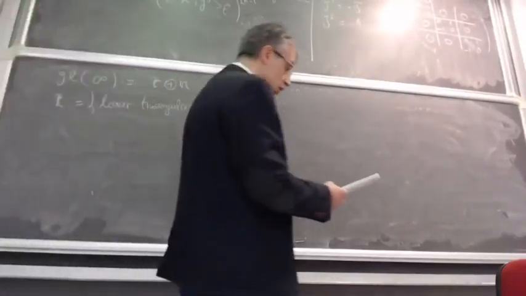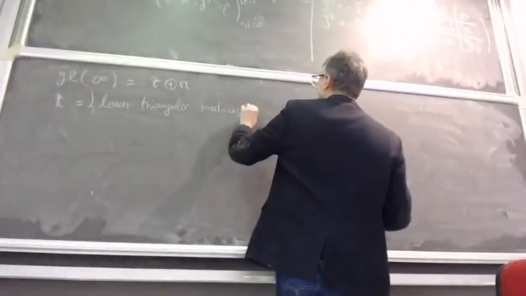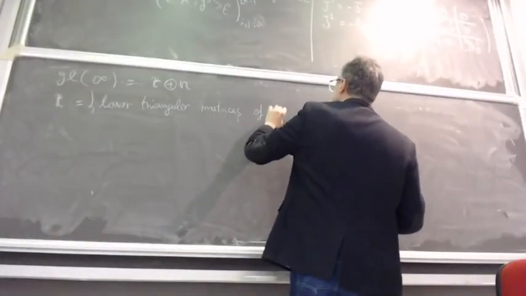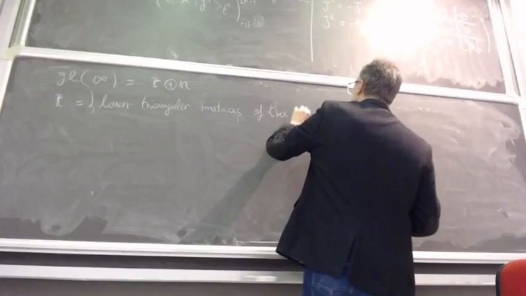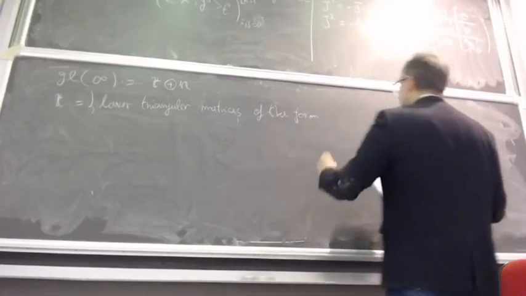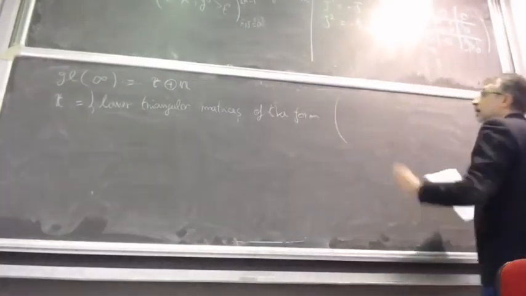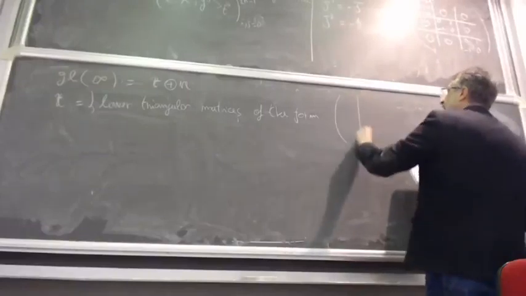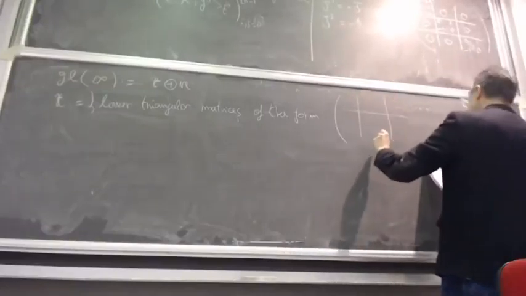So now let's consider the following algebra splitting. T, the projection T, is the lower triangular matrices of the form. Let me just make it very explicit.